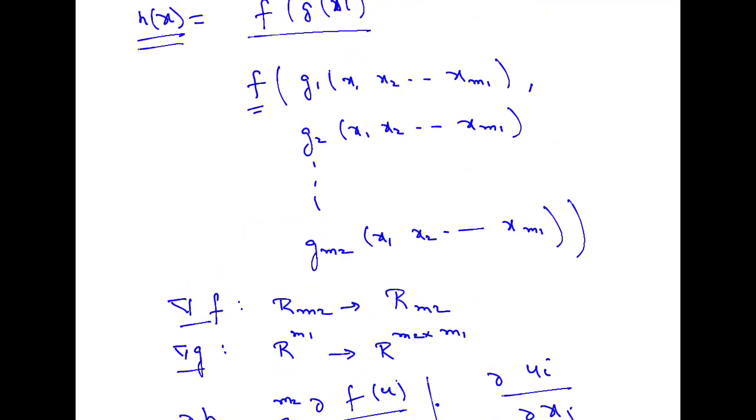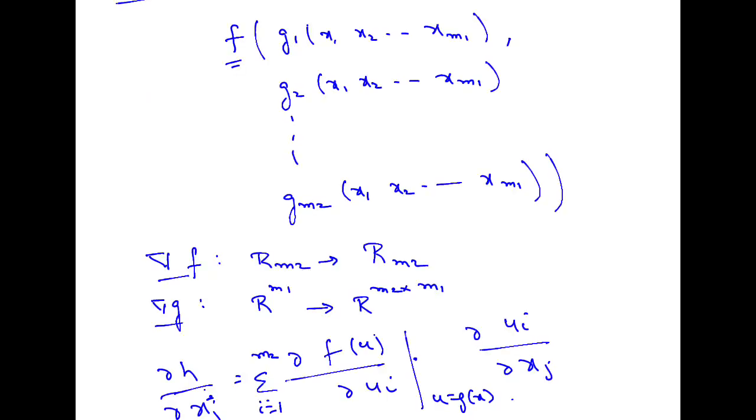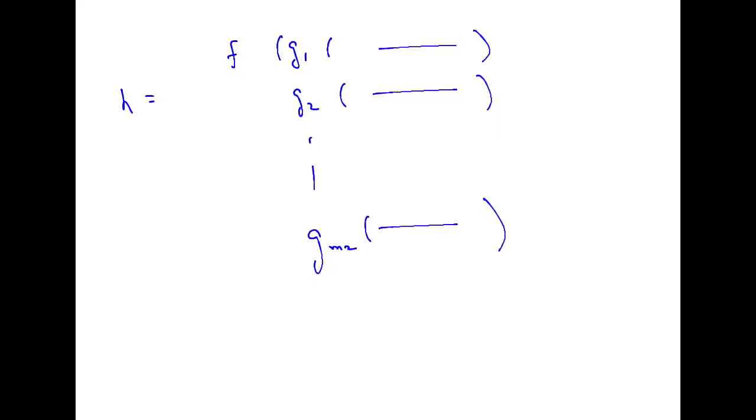Okay. So what am I doing? So that's my H. I'm taking the derivative with respect to a particular component of F. I want to find this derivative with respect to a particular component xi.